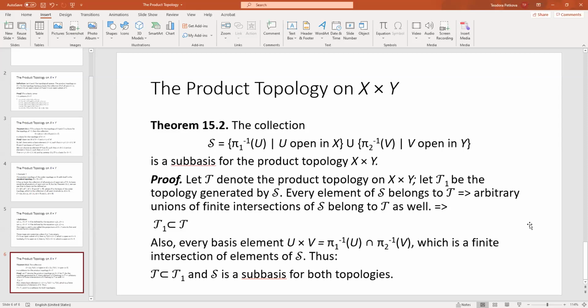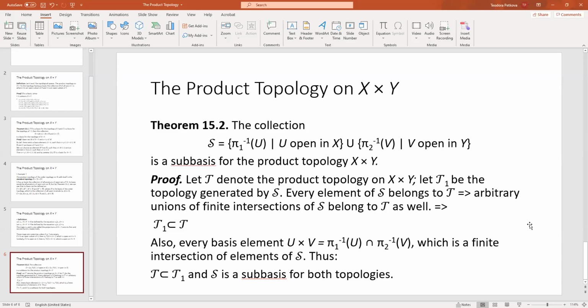You can see that it's just sets more or less like (a,b) cross (a,infinity) or (b,infinity) or (c,infinity), this kind of set, okay? This is just a comment.